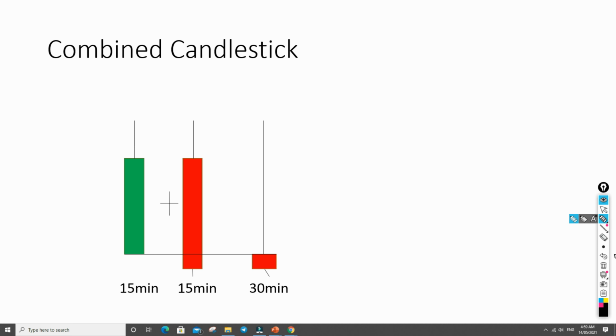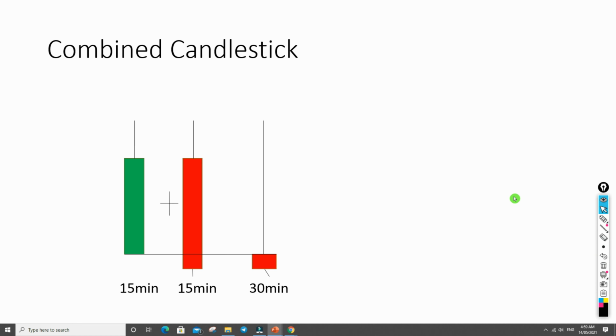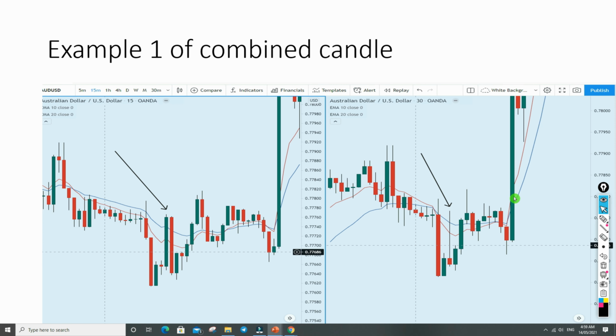Now let's see a real example. This is the chart we will be looking at. This is a real chart where you can see this pattern. Let's look at this particular candle. You see this green candle: in the first 15 minutes it opened here and then closed back here.